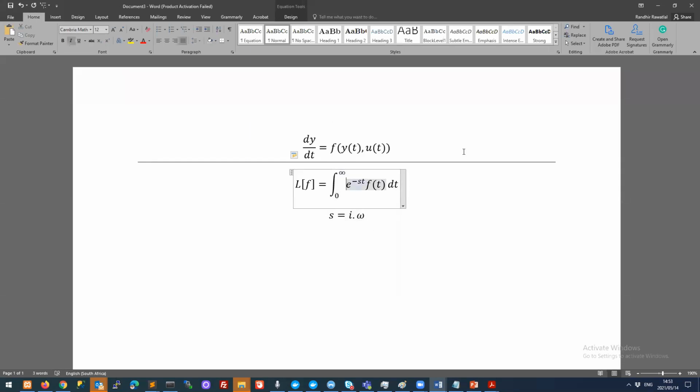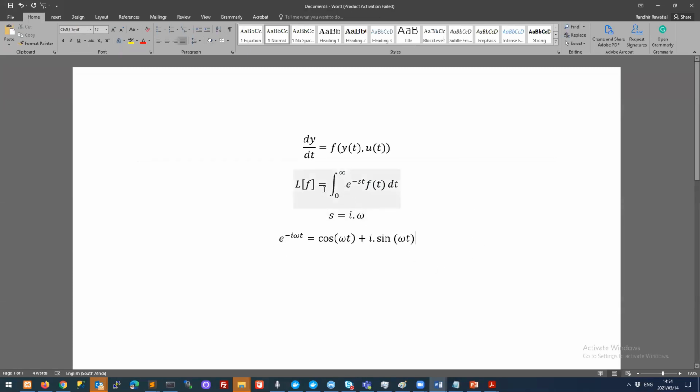So if you think back to your Euler's expansion, that tells us that e to the minus i omega t is equal to cos of omega t plus i sine of omega t, right?